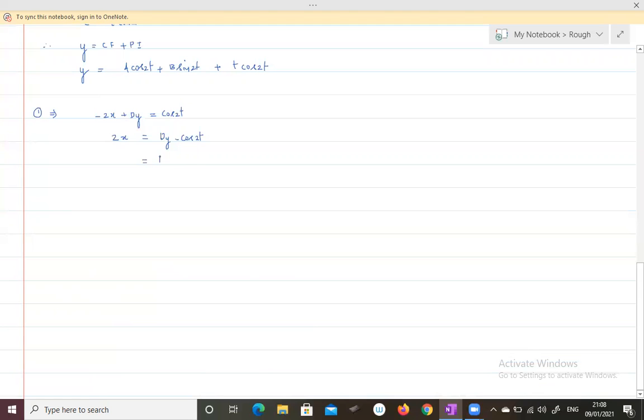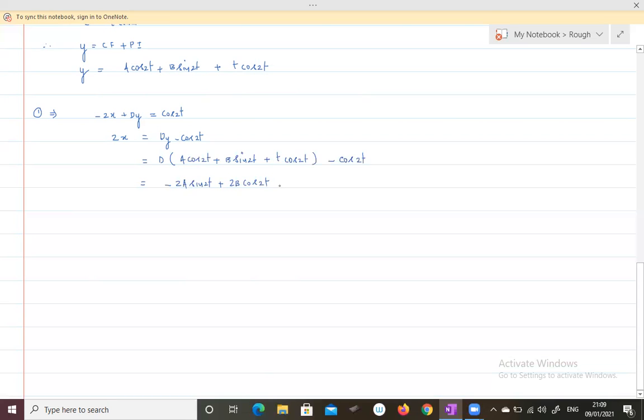D of y, D means differentiation of y, which is already given as a into cos 2t plus b into sin 2t plus t into cos 2t, minus cos 2t. So the differentiation of the first term is minus 2a sin 2t, plus differentiation of b sin 2t is 2b cos 2t.